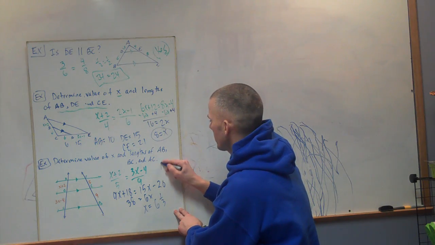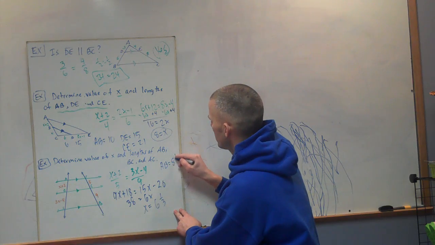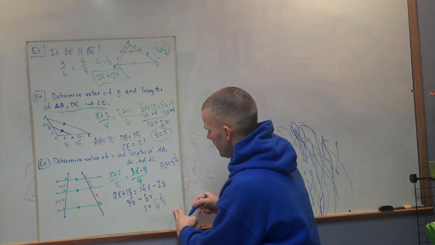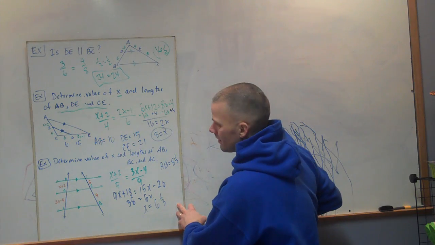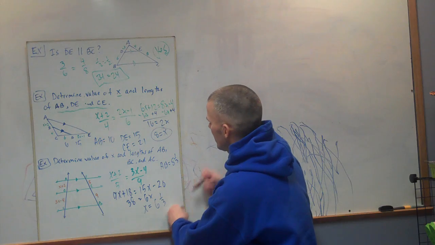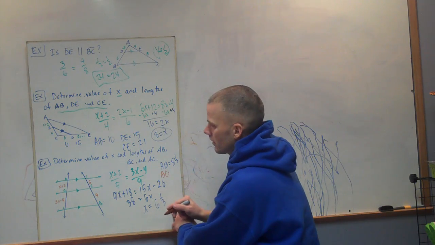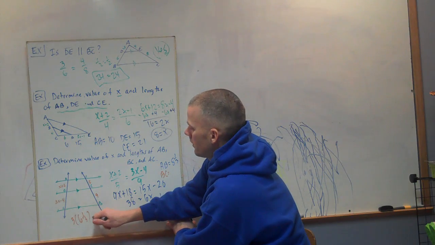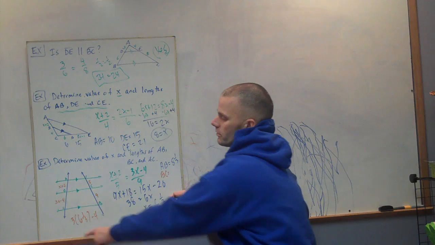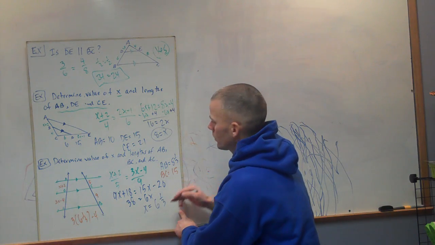That means that segment AB, x plus 2, is 8 1/3. That means that segment BC is going to be, let me see, 3 times 6 1/3 minus 4. So that's 18, that's 19, that's going to be a total of 15.